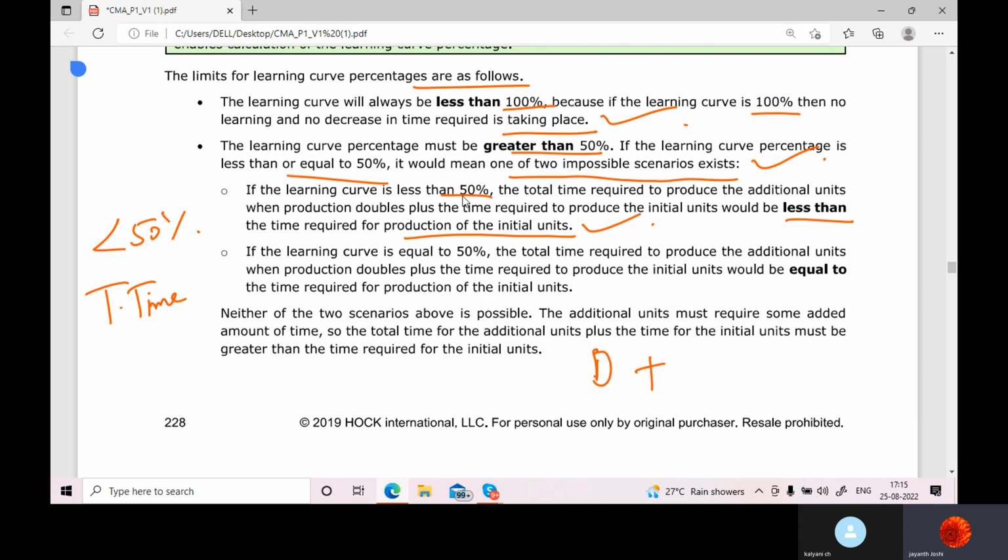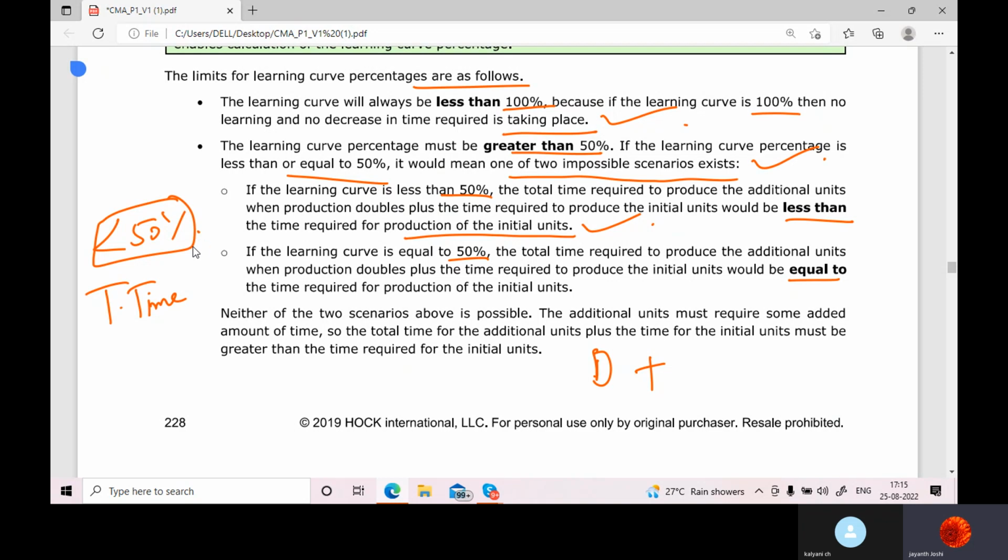Now, if the learning curve is equal to 50, then it is not less than, it is equal to. Okay. So the point is very clear. When the learning curve is less than 50%, the total time you are taking to make additional units when you are doubling your production, plus the time which you took to produce initial units, will be less than the time required for production of initial units. Why?